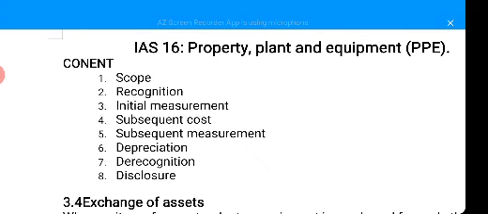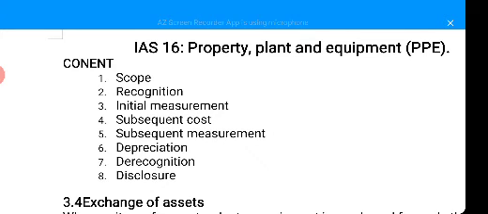Now, let me try to explain our previous class to us. When we talk about the scope, IAS 16 talks about tangible assets. So it covers all tangible assets.